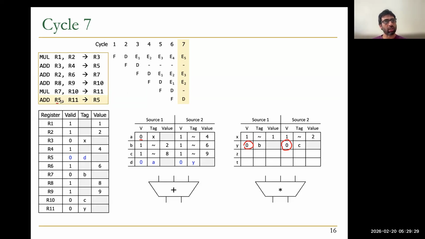When add enters the decode stage, we again need to do the same thing. We look at R5. Is R5 valid?